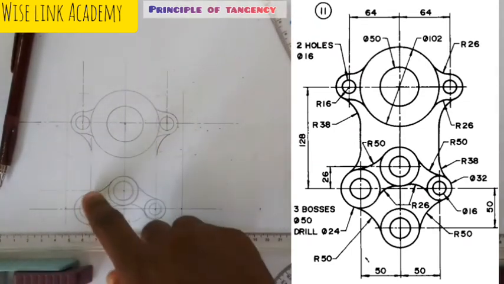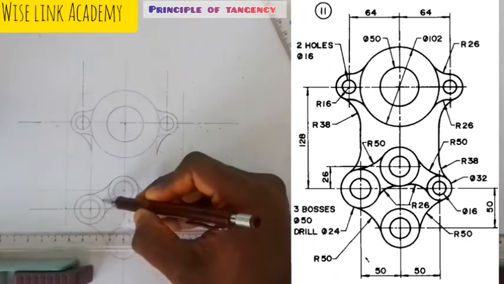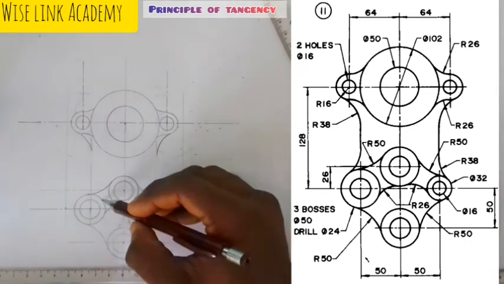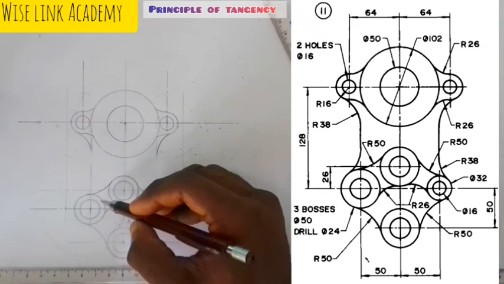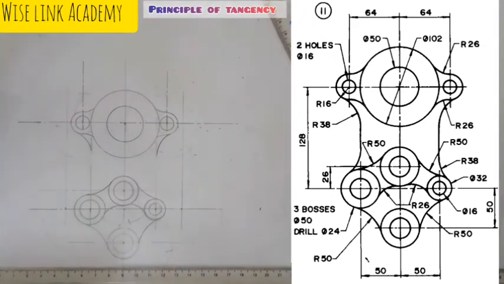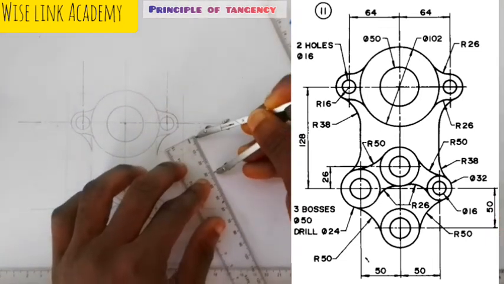If you observe, the radius I used to draw this was 12.5. So 12.5 plus 19, I have 31.5. So measure 31.5 from this point to this point.